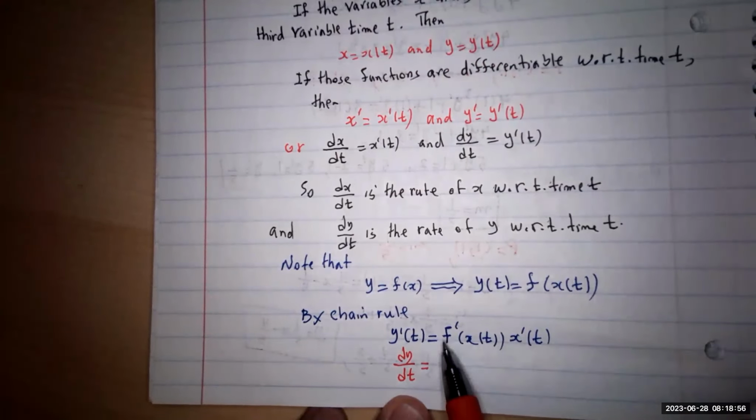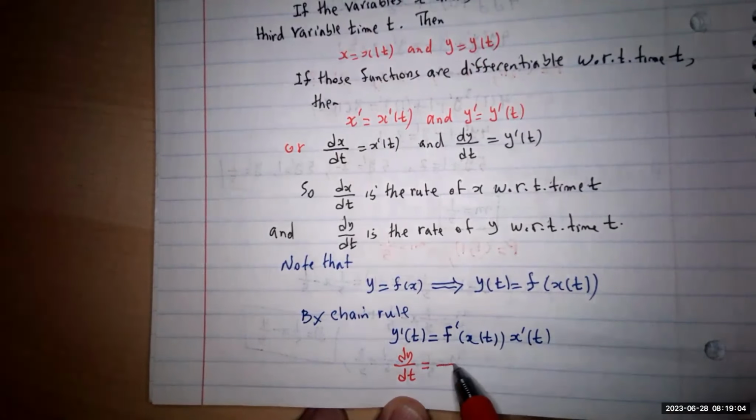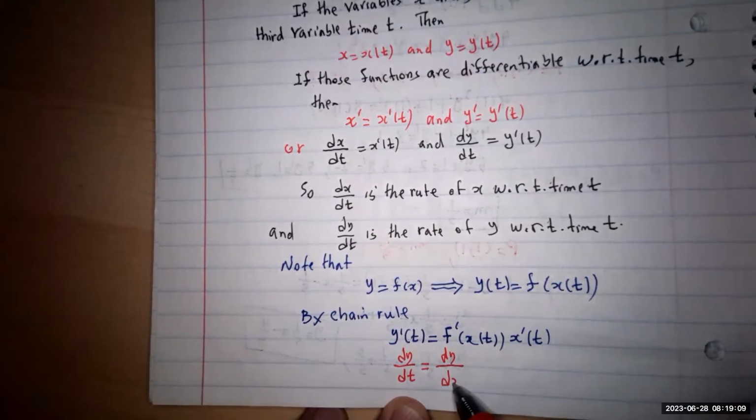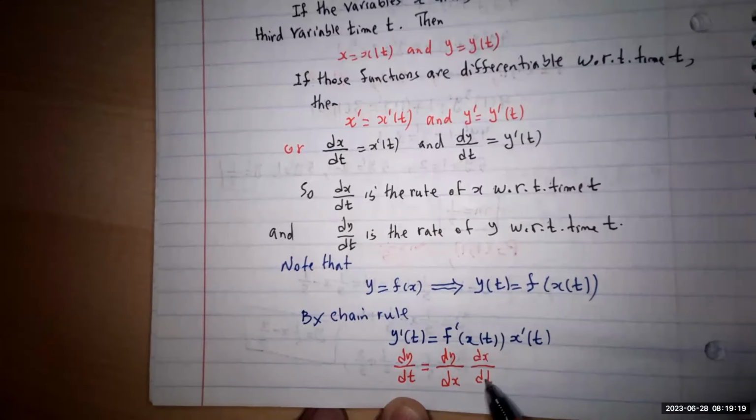Remember, f prime is the original function f differentiated with respect to x. So this is the rate of y with respect to x, dy/dx. X prime is the rate of x with respect to t. So that gives you dx/dt. It's nothing but the chain rule.